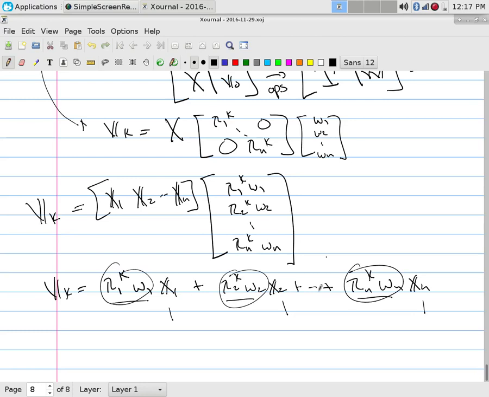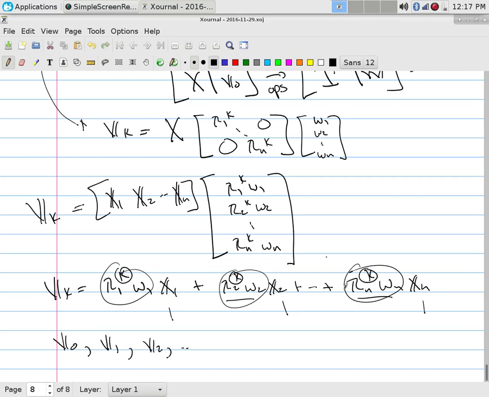And so what is the only thing that changes in this entire Markov process, from V0 to V1 to V2? What's the only thing that changes throughout this entire thing? The power on those lambdas. That's the only thing that's going to change in the entire system.